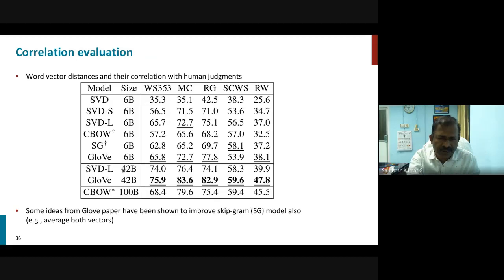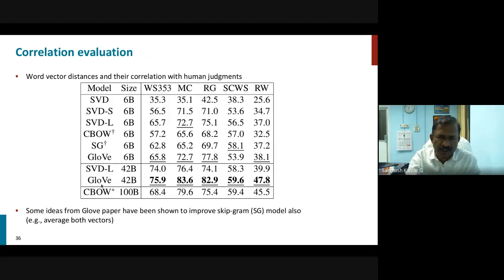Then correlation evaluation has also been done. So in the GloVe paper they have the skipgram model as well as the continuous bag of words model you can use to construct that. So this is word vector distances and the correlation with the human judgments.